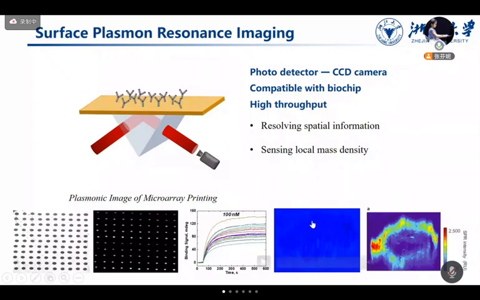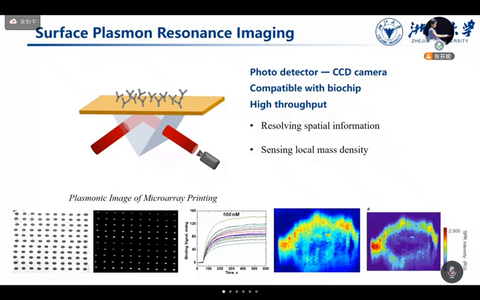We can see some local changes, as you can see from these two videos. So we can enable high-throughput imaging, and also we can see at the subcellular locations of a single cell how the molecular reaction, how the binding occurs.